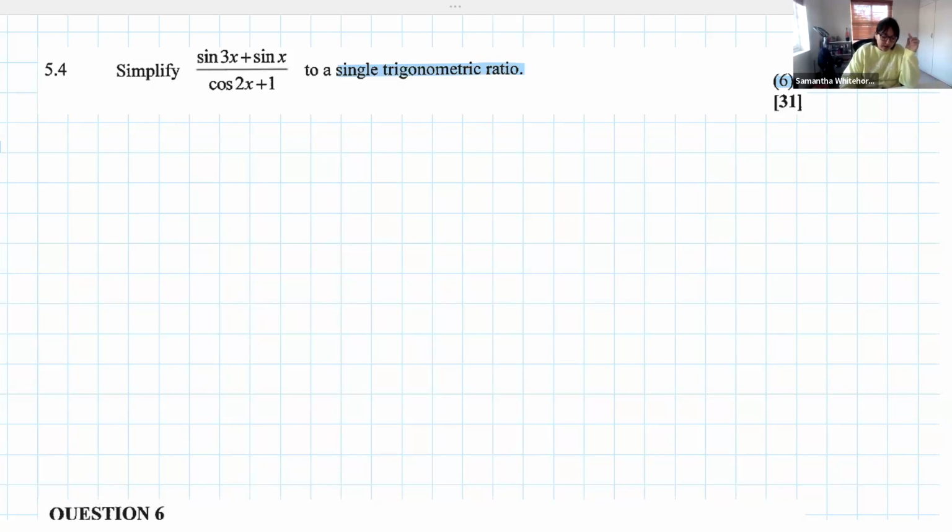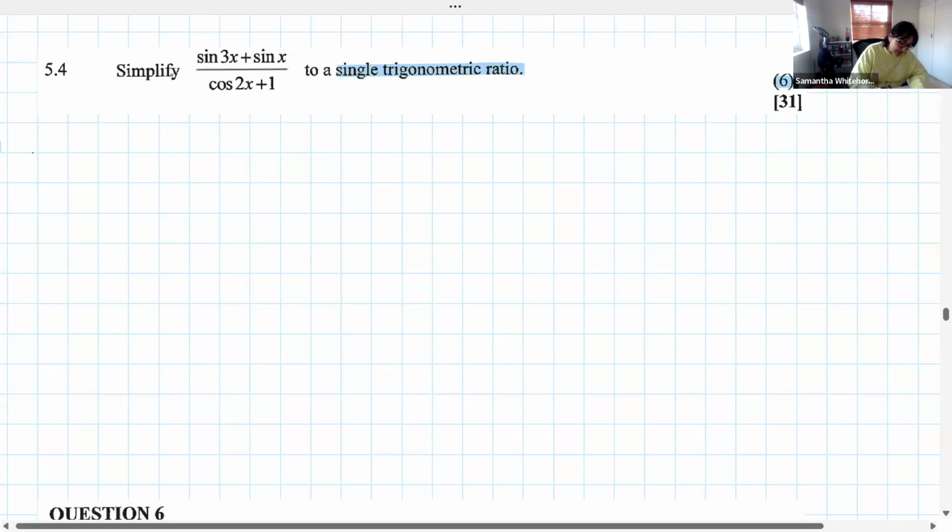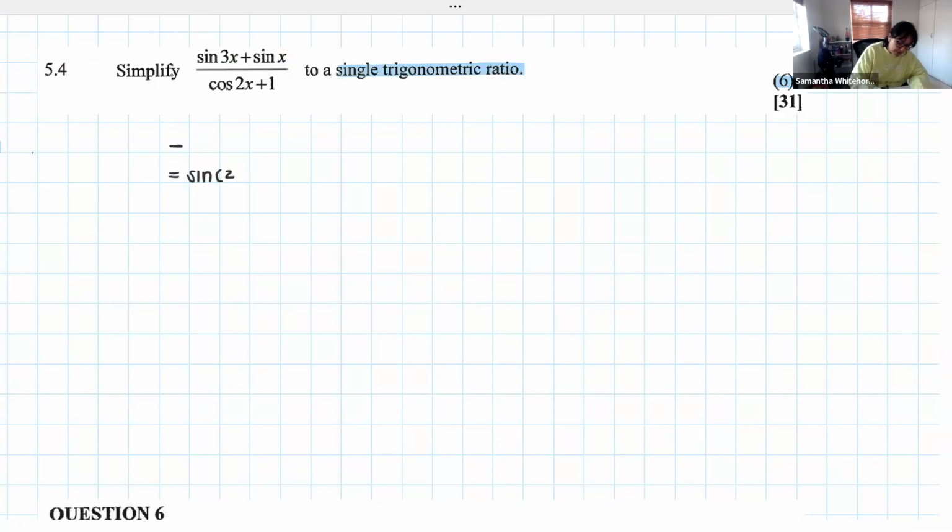Now, immediately, the 3x and the x, those could be written as compound angles. So if we think about it, sine 3x can be written as sine of 2x plus x. And sine x could be written as sine of 2x minus x.